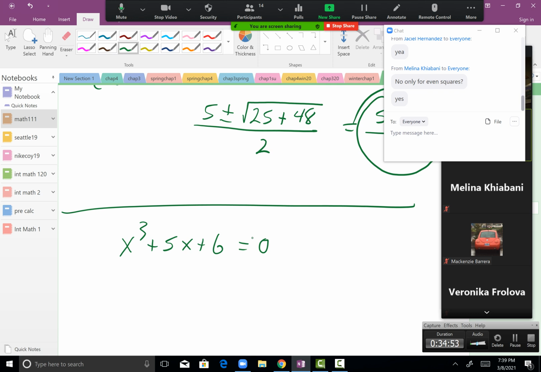Did you get an x-intercept? Yeah. Just -1. That's right.